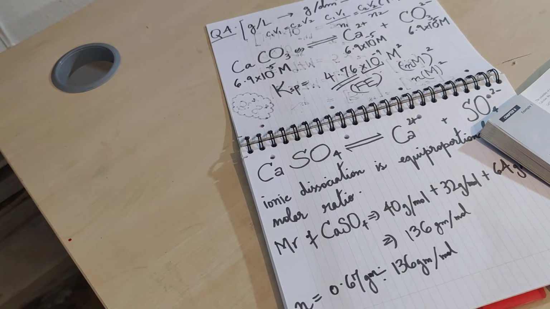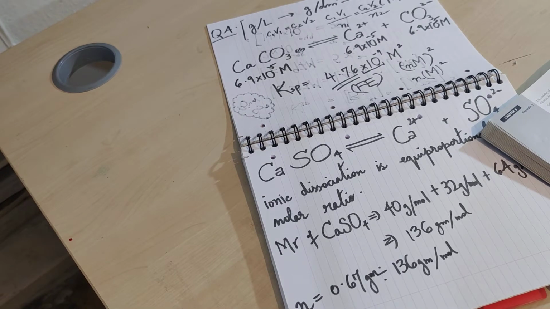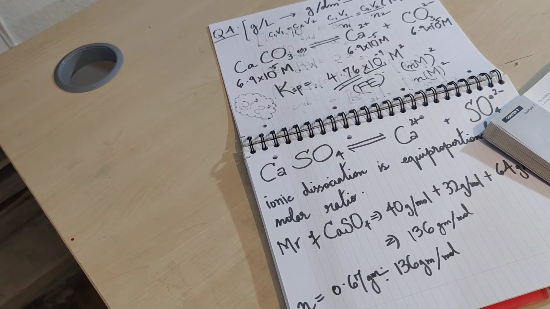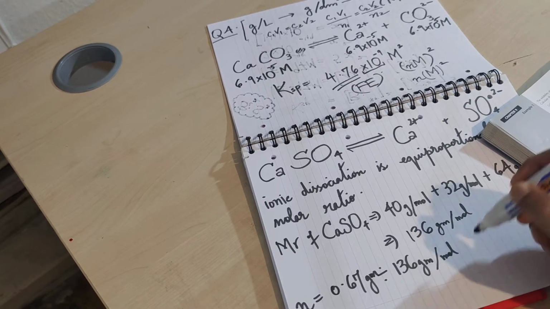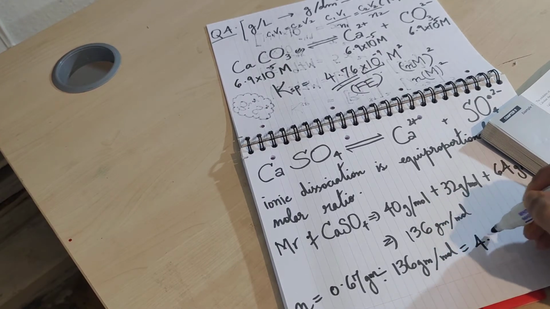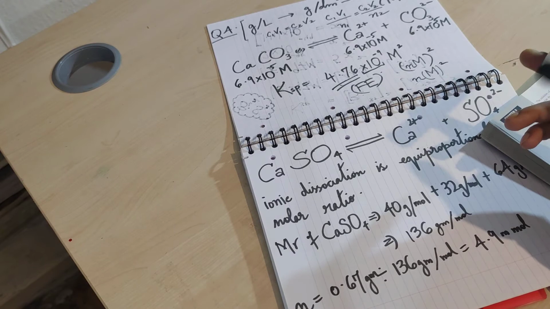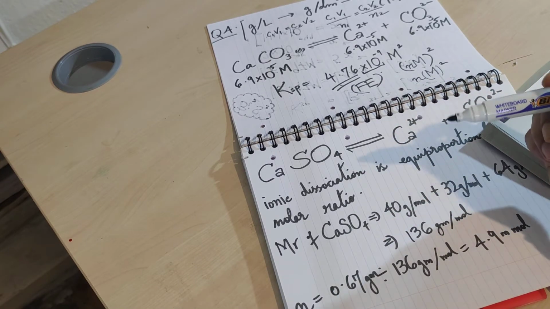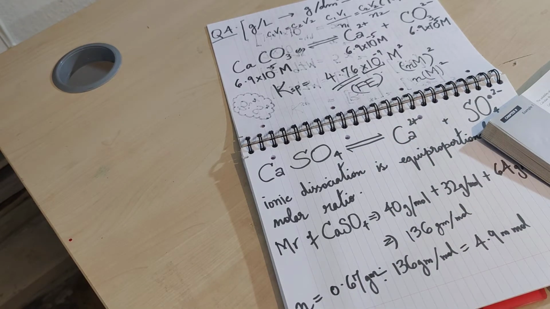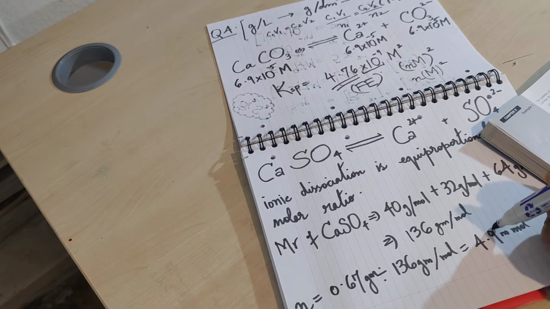It'll be 4.9 millimoles. And so, is that correct? So hang on, sulfate is 32 plus 64 plus 40, that's 136. 0.67 divided by that, that's 4.93 millimoles.